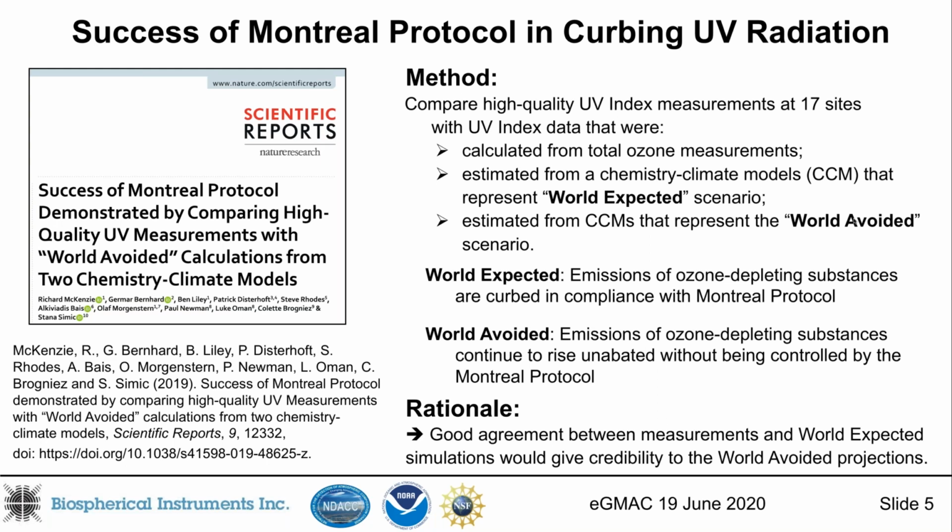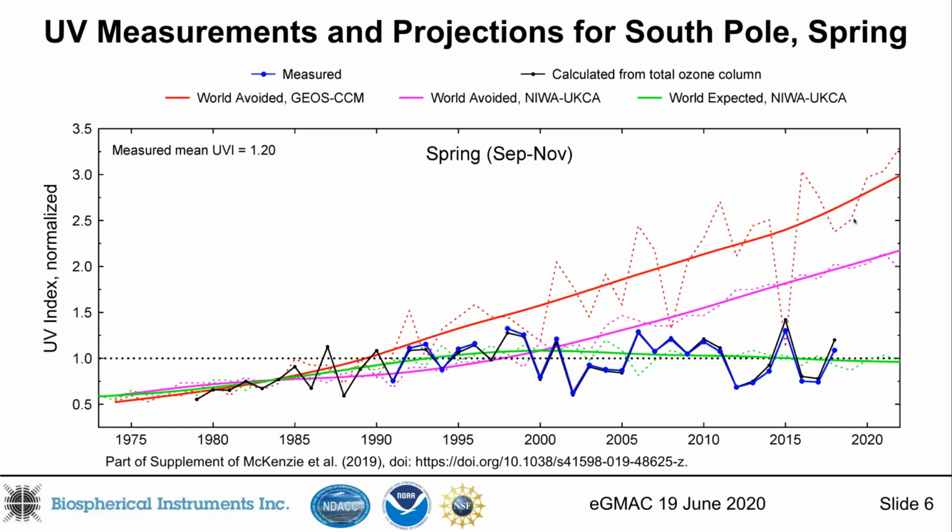The rationale behind our paper was, if we can show good agreement between the measurements and the world expected simulations, which basically are the world we are living in, we can show that the credibility of the world avoided projections is good. So now let's look at a few results.